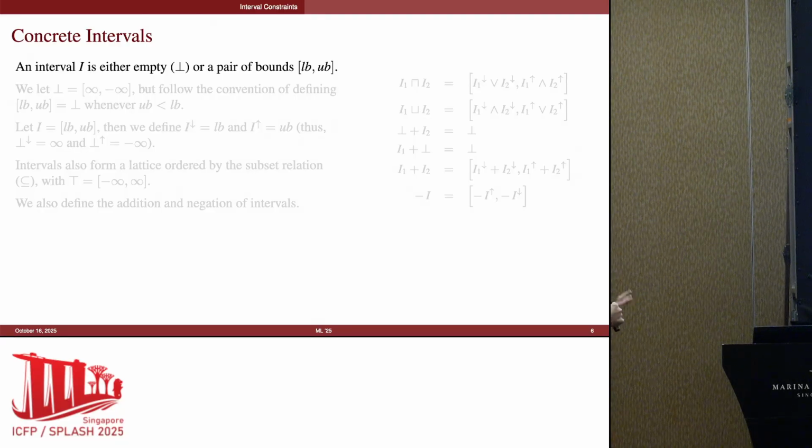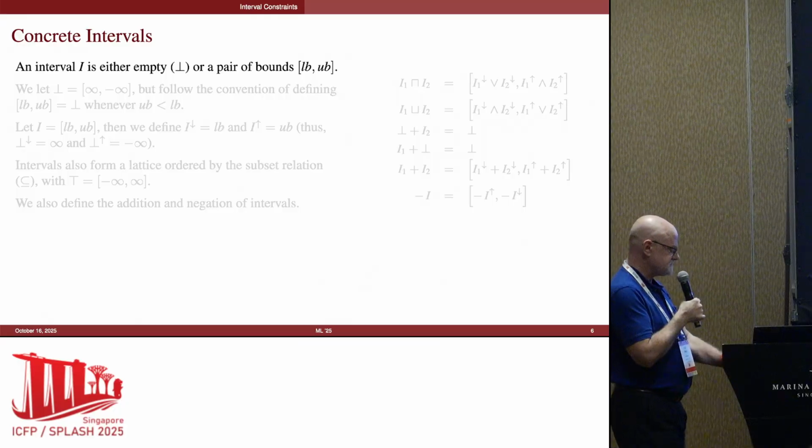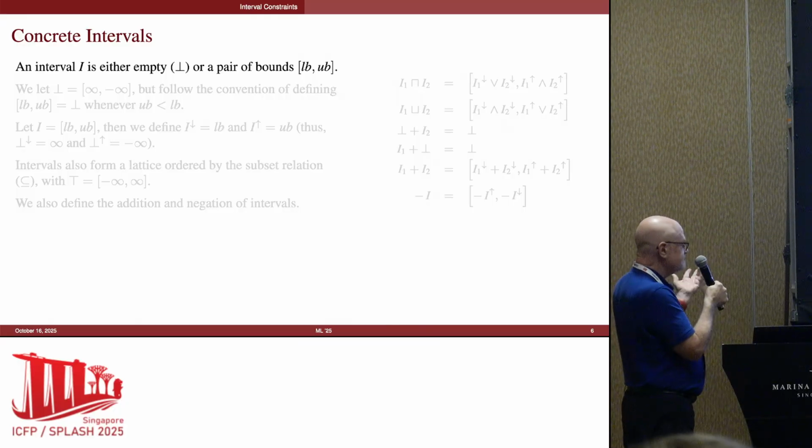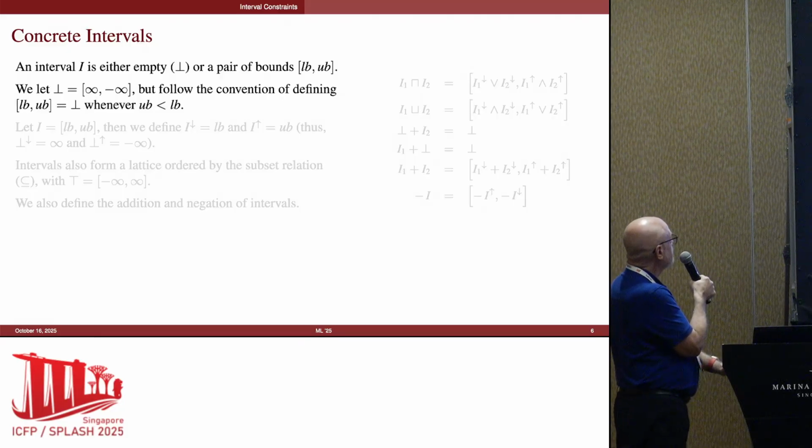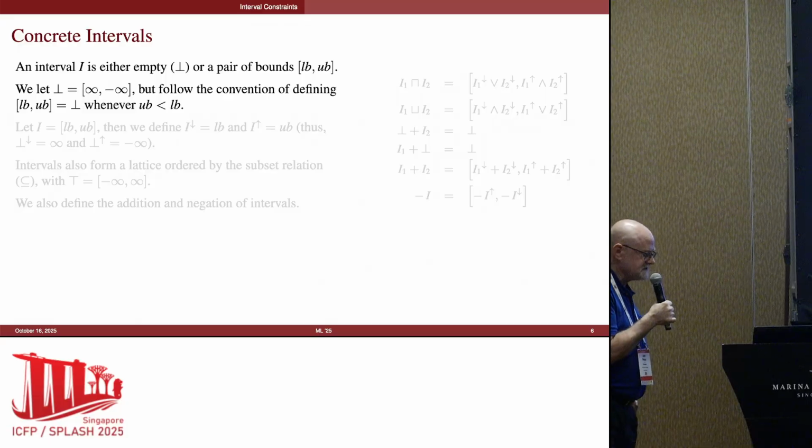So from bounds, you can then define intervals. And intervals can be empty, or they can consist of a lower bound and an upper bound. By convention, we'll assume that the empty element has a lower bound of positive infinity and an upper bound of negative infinity.